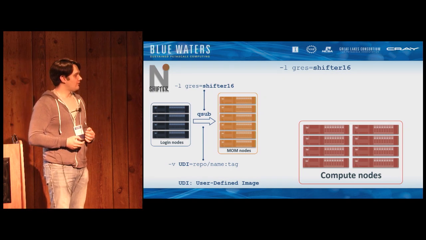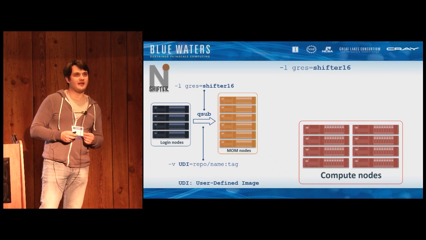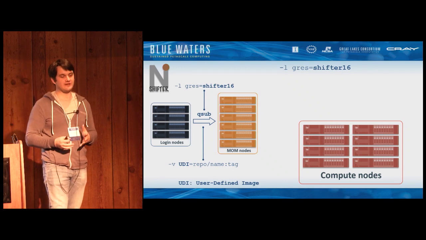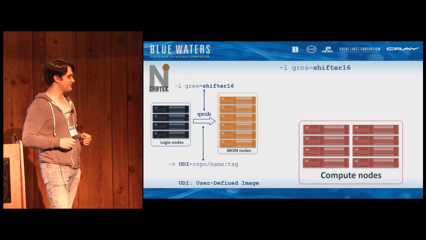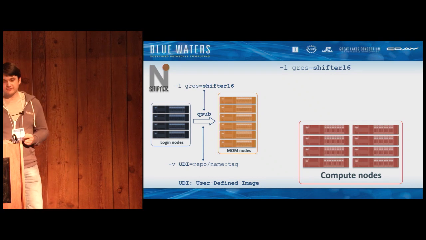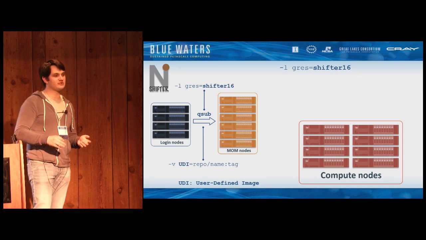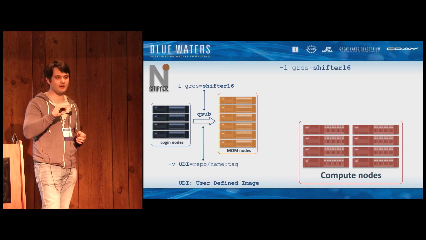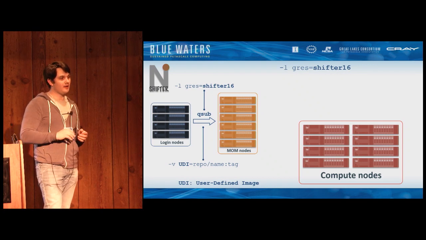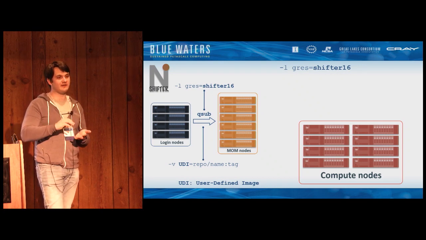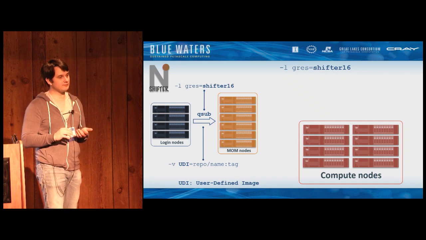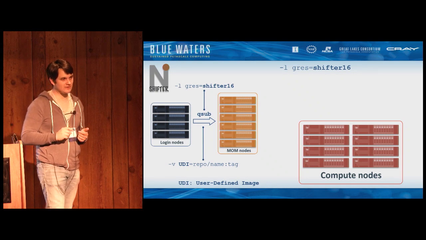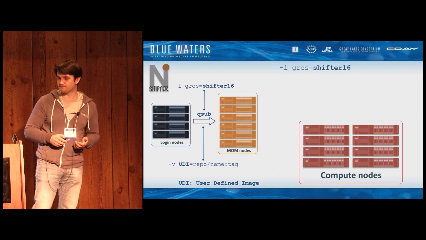UDI here stands for user-defined image, and this is a name that Shifter uses for the images that it creates from the Docker images. Docker and Shifter images are different. Docker images are layered, so each command in the Dockerfile creates a layer, and Shifter doesn't have a layered system. Shifter UDIs have a squashFS, meaning single file system.